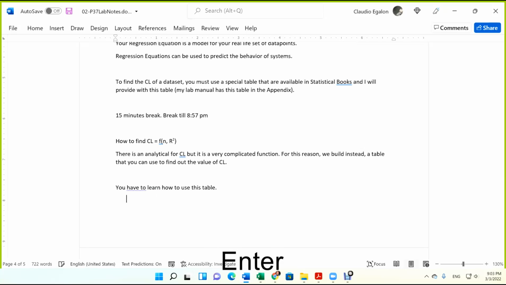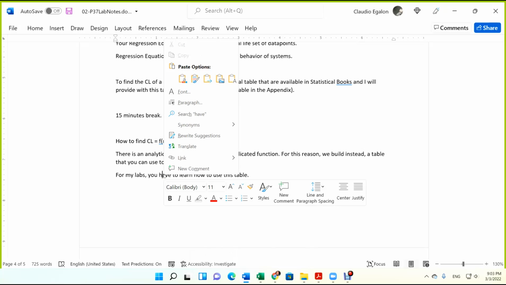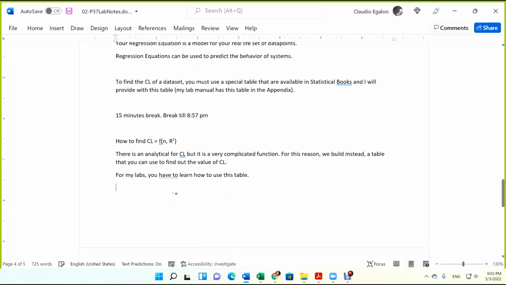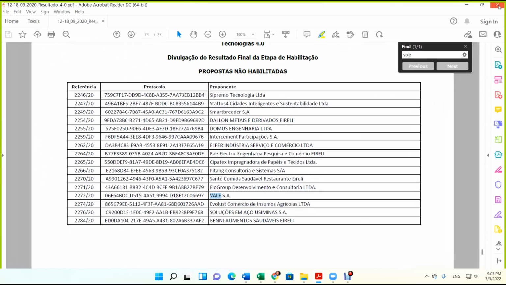For my labs, you must learn how to use this table. Here's the table. Oh, not this one, this one is something else.